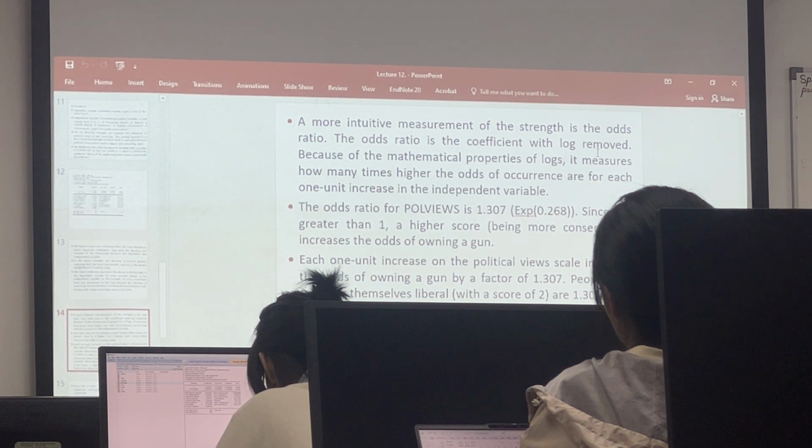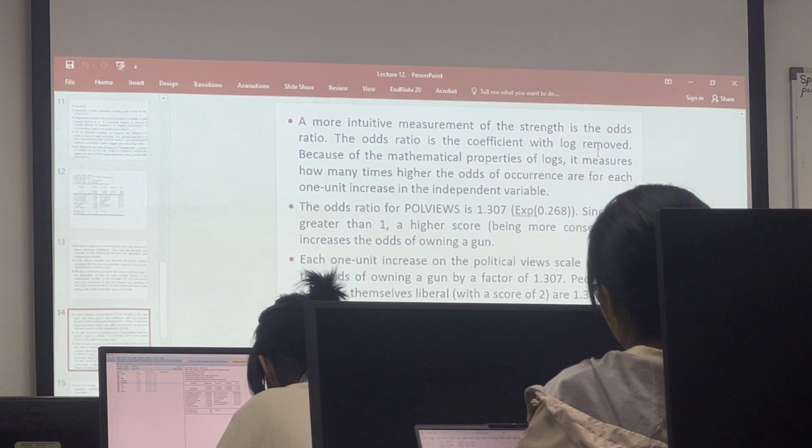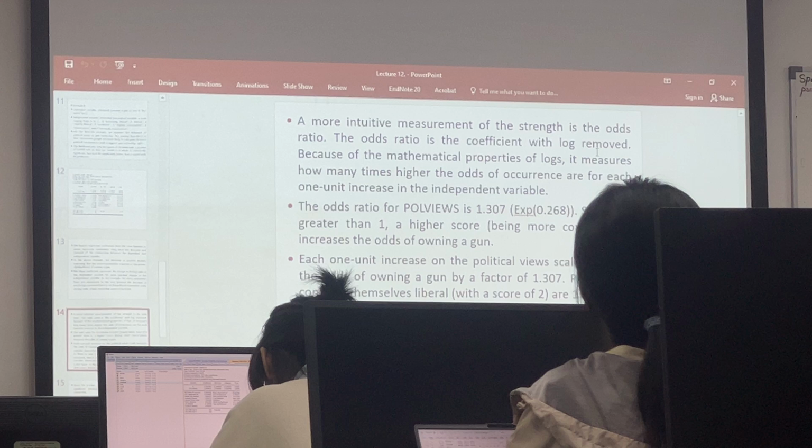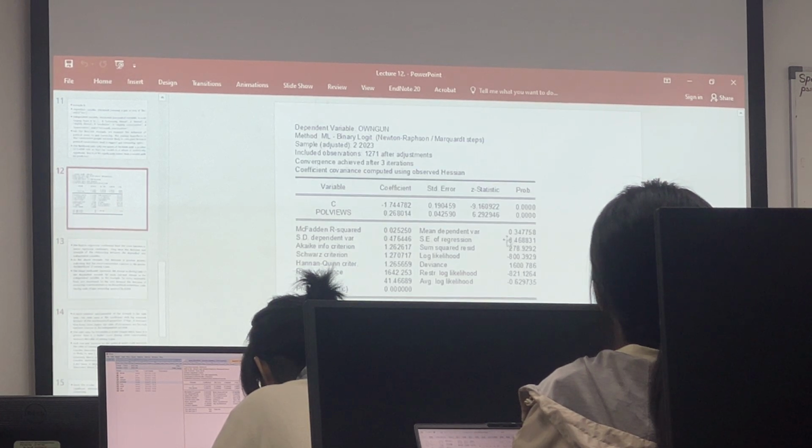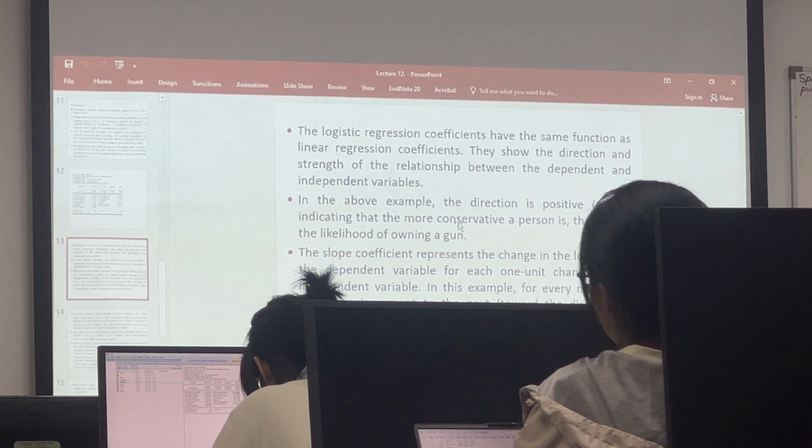It measures how many times higher the odds of occurrence are for each one unit increase in the independent variable. The odds ratio for political view is obtained by taking the exponent of the estimated value 0.268, and this gives you the odds ratio.